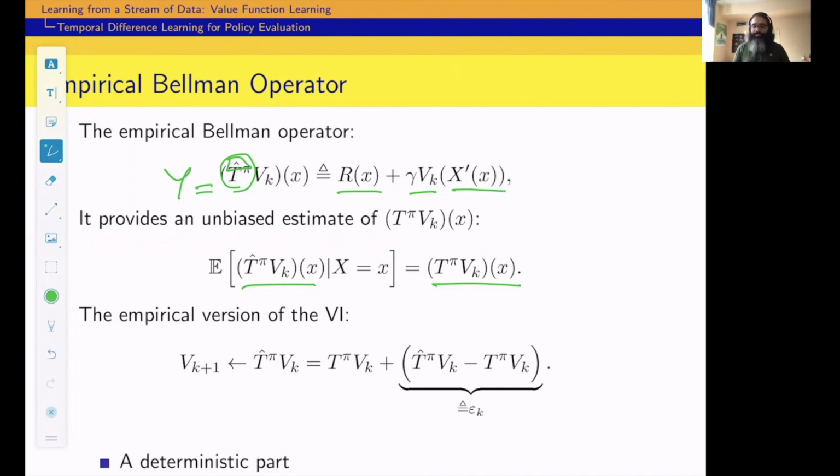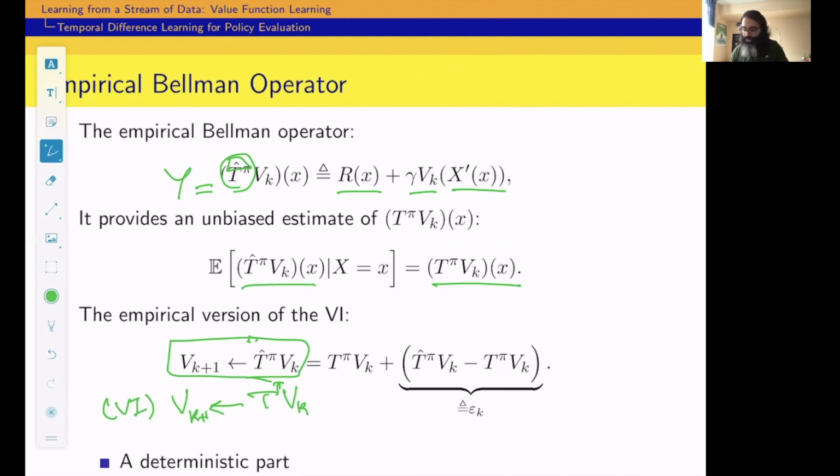We can now think of an empirical version of value iteration. Value iteration was Vk plus 1 equals T pi Vk. That was the usual value iteration, but just imagine that I do it this way, with T hat pi of Vk, for studying what happens.